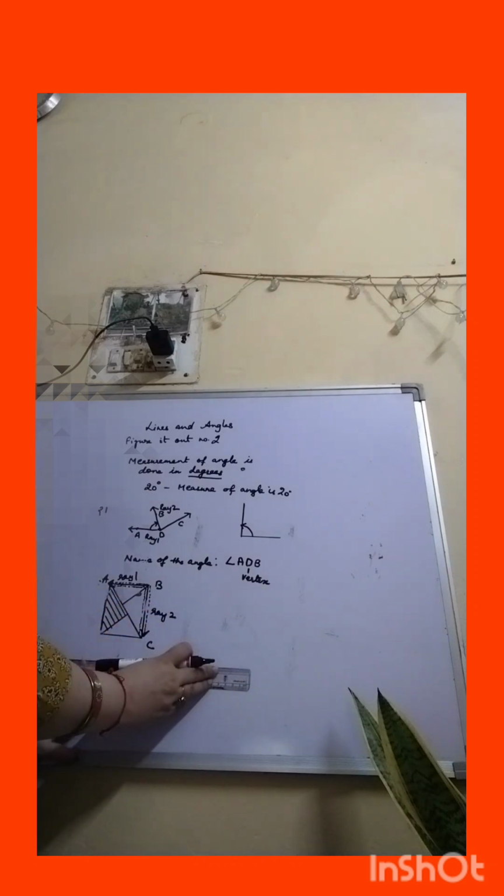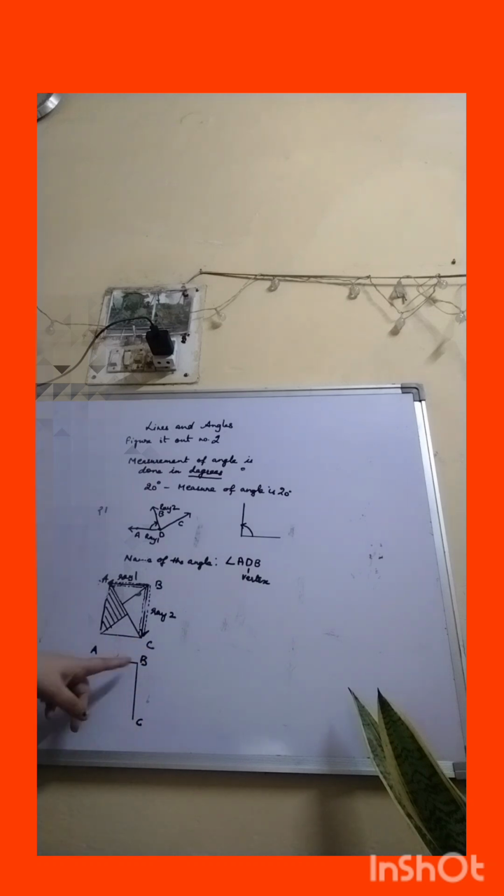This is the angle. I can draw it separately also so that you are able to understand which angle we are talking about. These are the two arms in the figure. So naming the two arms A, B and C.